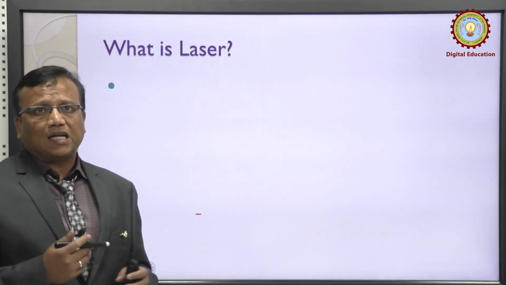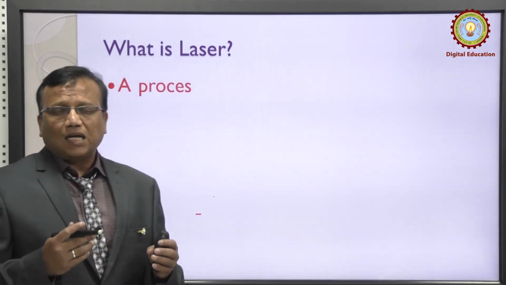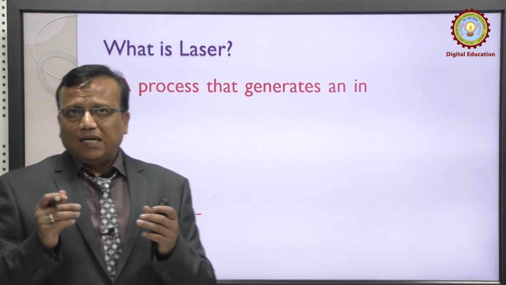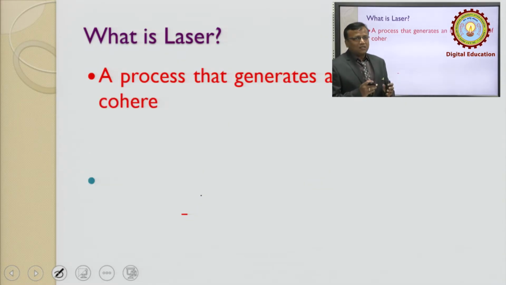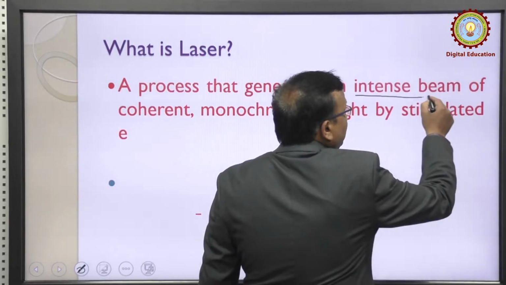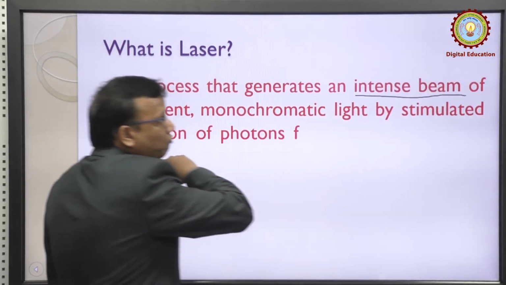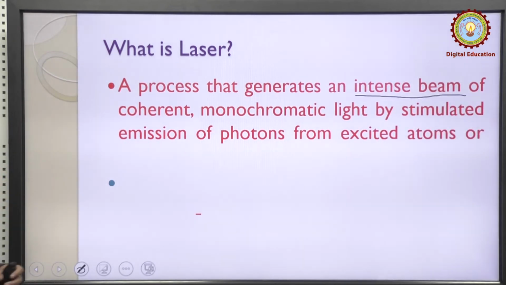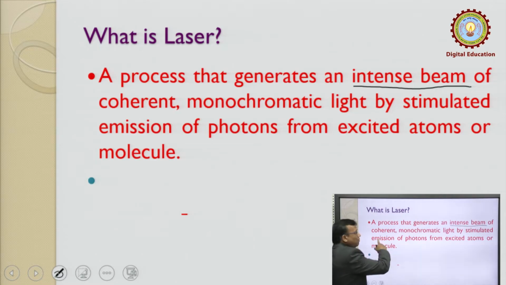So, how can we describe the laser? Laser is described as a process that generates an intense beam of light, as we have seen in the full form, amplified. It is an intense beam of light which is coherent and monochromatic, which are properties of the light.